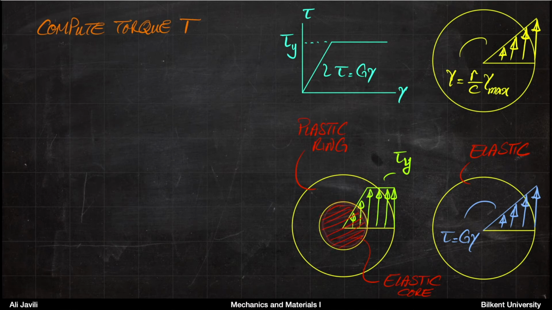We call that the elastic core, because there the stresses are still smaller than the yield stress. Then you have this plastic ring around the elastic core. For this scenario, we want to compute the torque and know what happens to it.